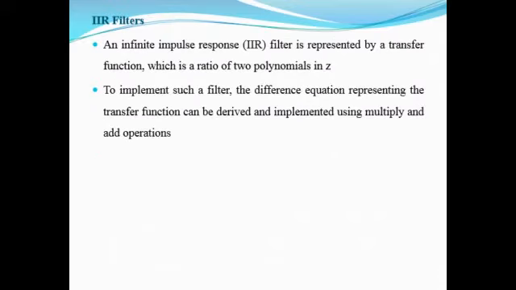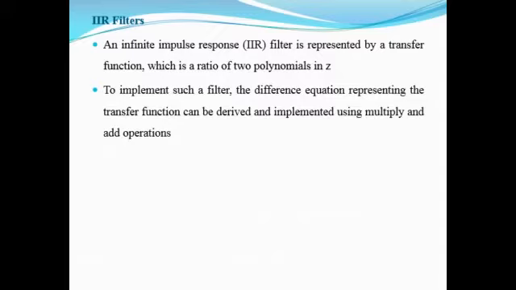Now we go with the IIR filter. A similar process is used here in IIR, similar to the FIR filter. For the IIR filter, the response or transfer function is represented by the ratio of two polynomials in Z. This is the difference between IIR and FIR filters.